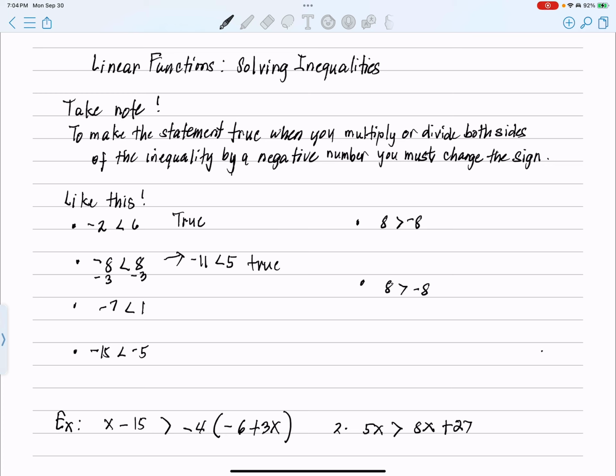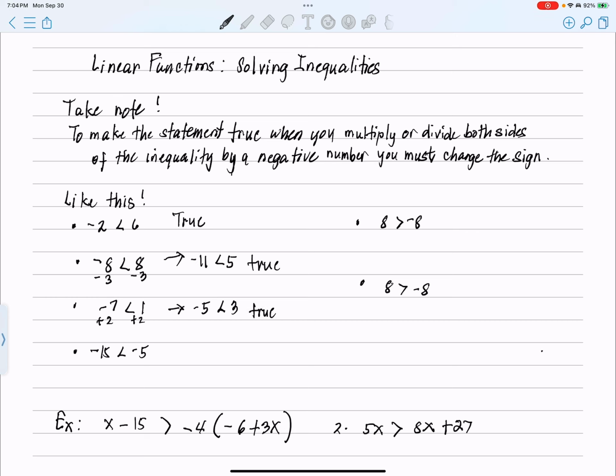Another one, we have a negative 7 less than 1. How about if we add 2 on both sides? Let's check. We are checking by adding a negative and a positive. Let's see what will happen. This will be a negative 5 less than 3, which is true.